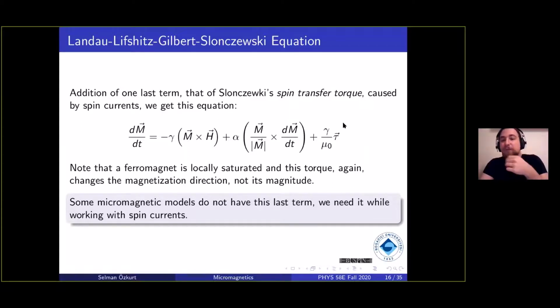And this term, I'm not going to write the components of this term, but it cannot again change the magnitude of a magnetization in a dV volume. It does, however, change its direction and perhaps reverses its stable state, as we want to do in many applications, like writing to a FRAM memory cell.